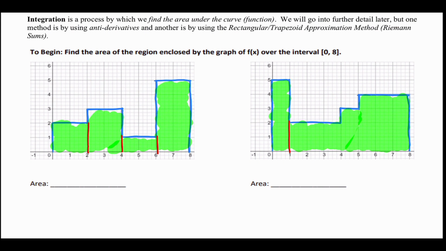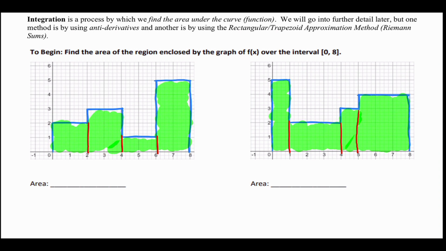Area of a rectangle is pretty easy. It's just base times height. So for the first one, the base is 2, the height is 2. 2 times 2 is 4, so this area is going to be 4. The base is 2, height is 3, 2 times 3 is 6, and so on and so forth.